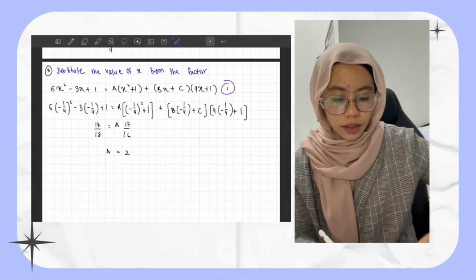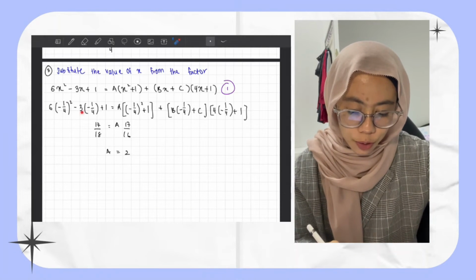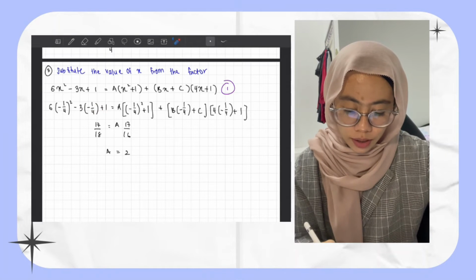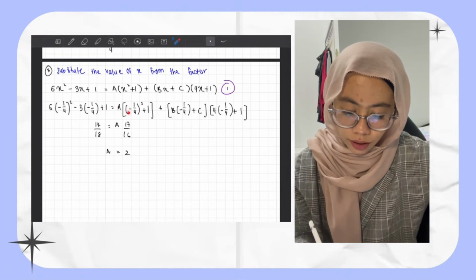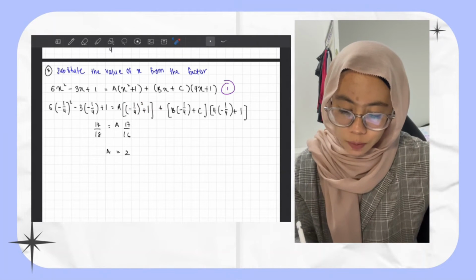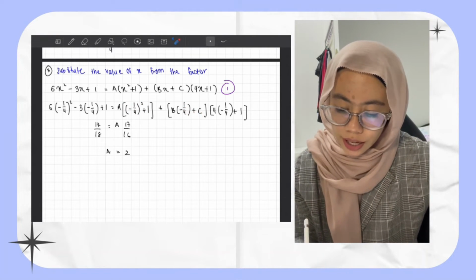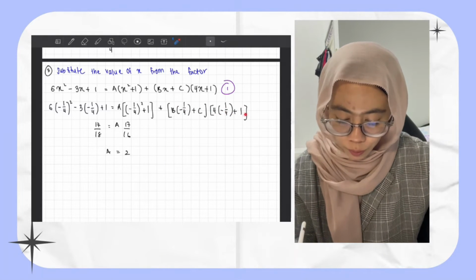So 6 times -1/4 power of 2 minus 3 times -1/4 plus 1 equals A times -1/4 power of 2 plus 1, plus B times -1/4 plus C, times 4 times -1/4 plus 1.